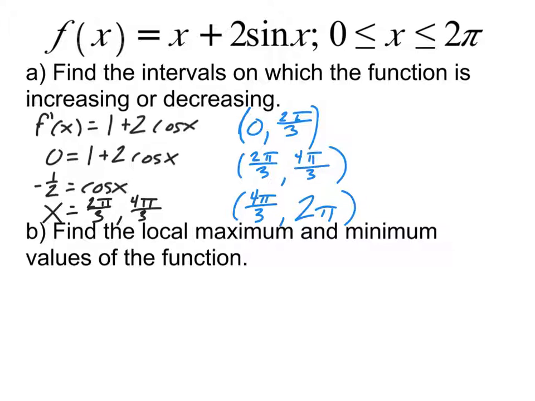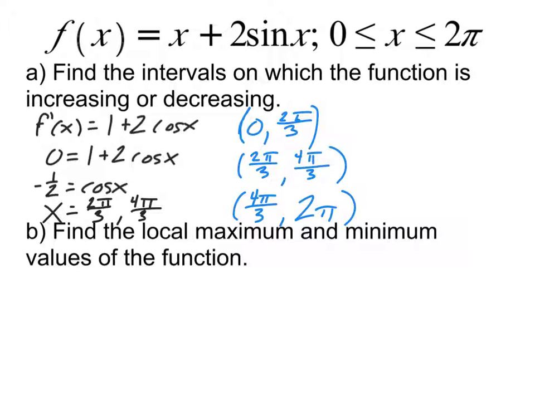All right, now we want to know for every point within each of those intervals, is my derivative positive or negative, in order to know if it's increasing or decreasing. In order to do that, you've got a couple different options. It probably depends on how well you know your unit circle. For me, I know my unit circle pretty well. Not surprising, right? I'm a math teacher, for crying out loud.